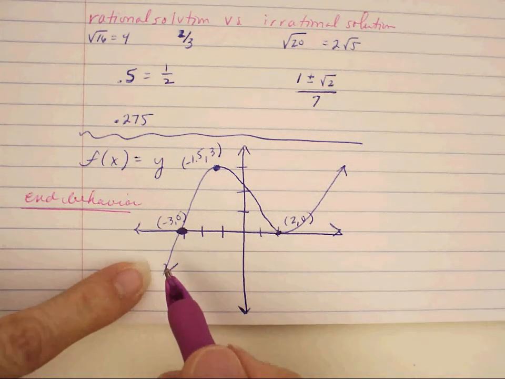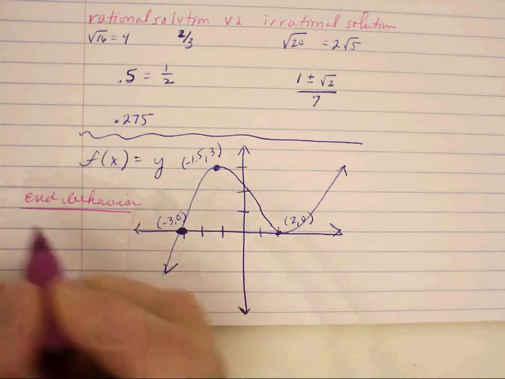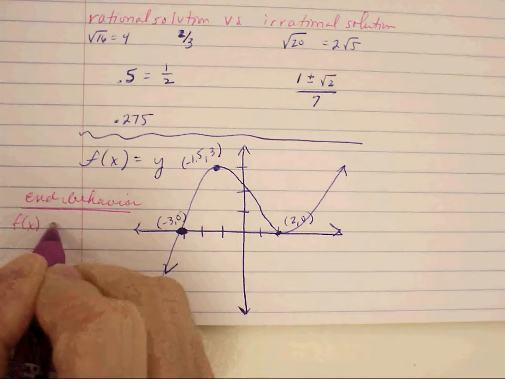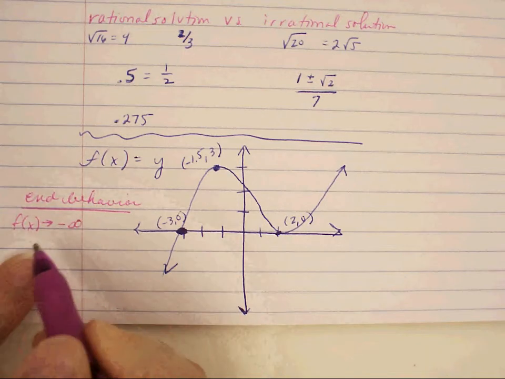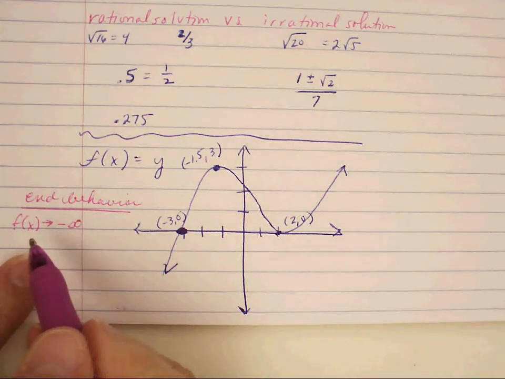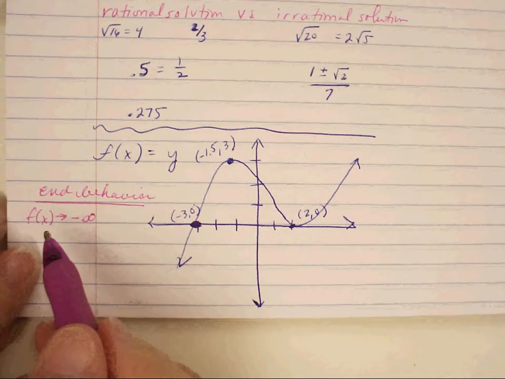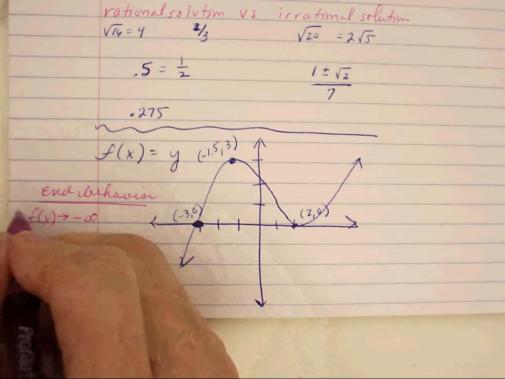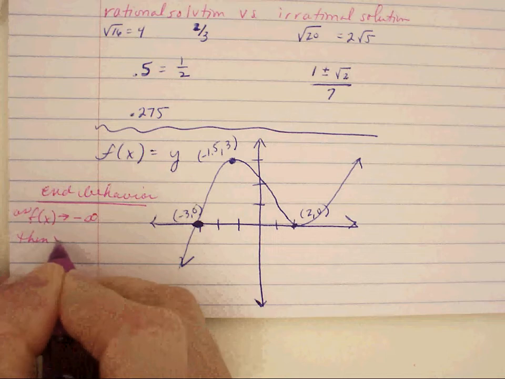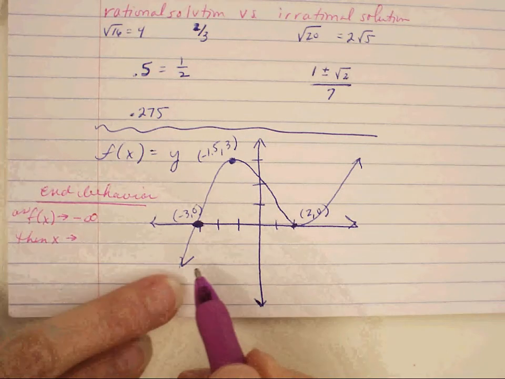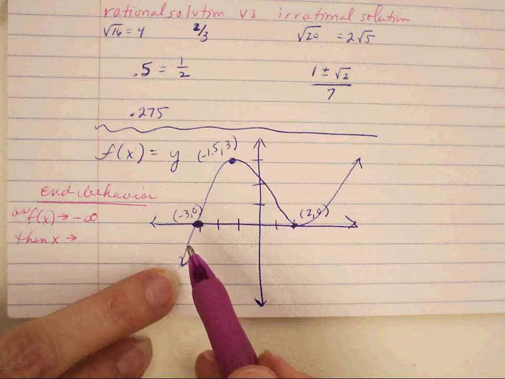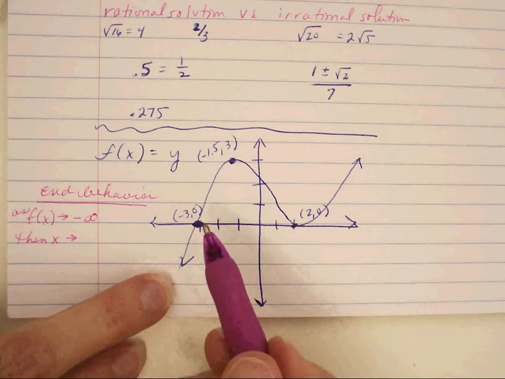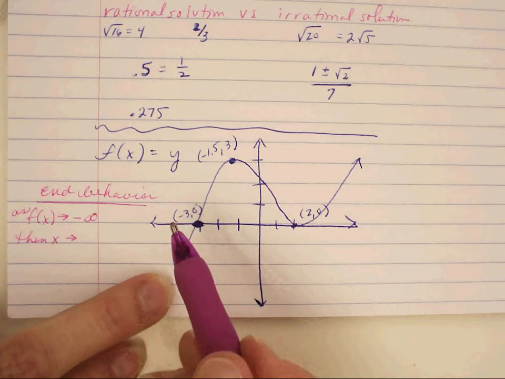End behavior of this function. As this function heads the y's in the negative direction, so as f of x goes towards negative infinity, remember f of x is the same as saying y. As f of x or y goes to negative infinity, then what does x do? Careful.